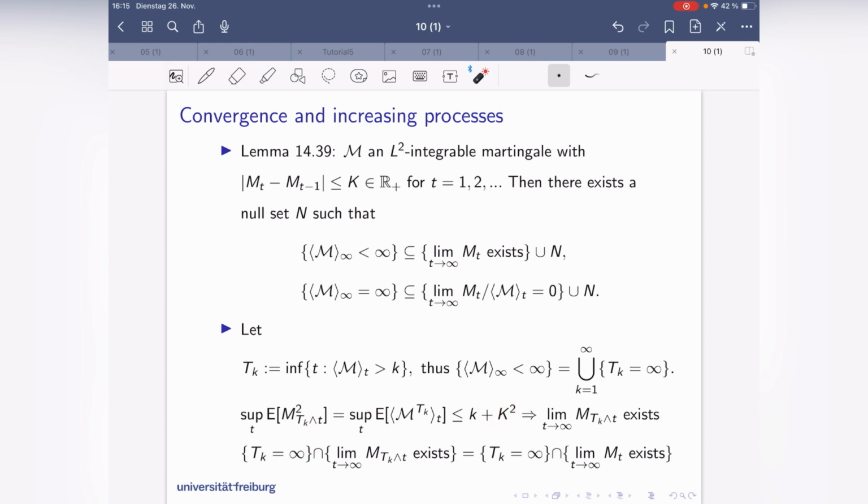And before that, so before it jumped, it can at most have moved k. So that's this thing here. And for this reason, that's a submartingale. The expectation is bounded. So the limit must exist by the martingale convergence result.